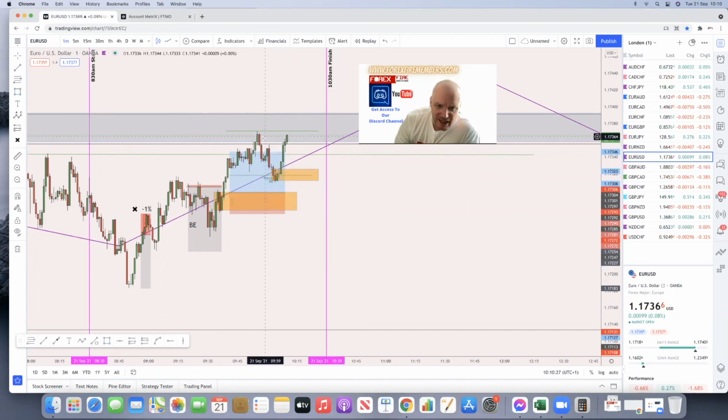Okay, you see how the break-even area from this entry is more or less spot on onto this order block. So we've had the push back down from this break of structure.